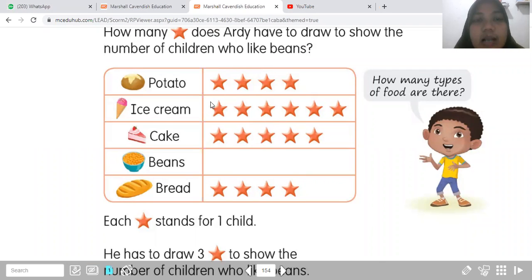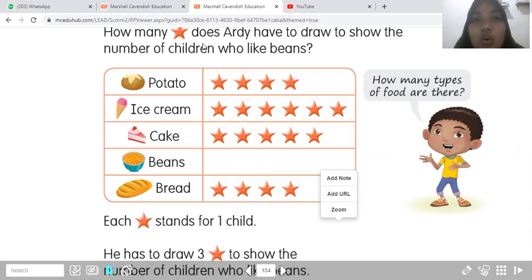For example, potato, 4 stars. It means there are 4 students who like potatoes. And then ice cream, about 6 stars. It means 6 stars means there are 6 students who like ice cream, and so on.